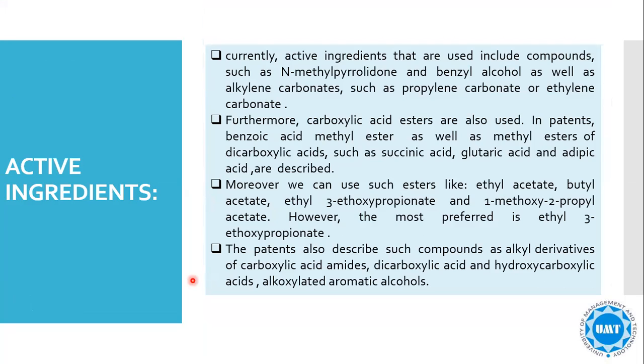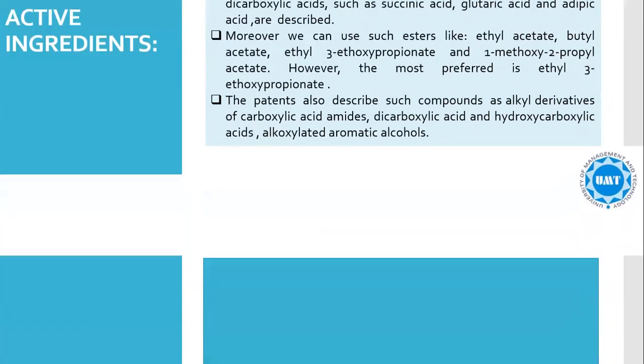Furthermore, carboxylic esters are also used, such as benzoic acid methyl ester as well as methyl esters of dicarboxylic acids such as succinic acid, glutamic acid, and adipic acid. Moreover, we can use esters like ethyl acetate, methyl acetate, etc. The patent also described compounds such as alkyl derivatives of carboxylic acid amides, dicarboxylic acid, hydroxy acids, and alkoxy aromatic alcohols.